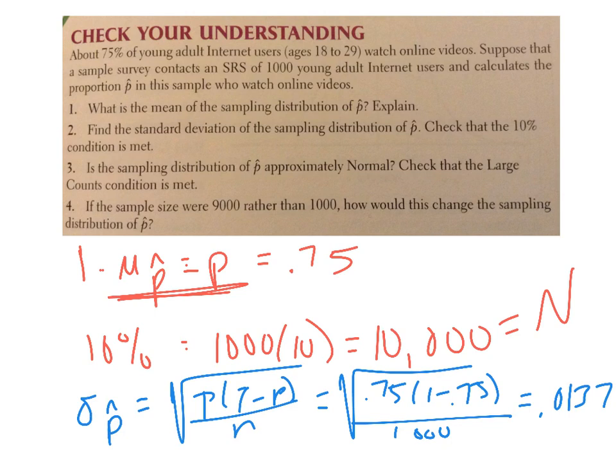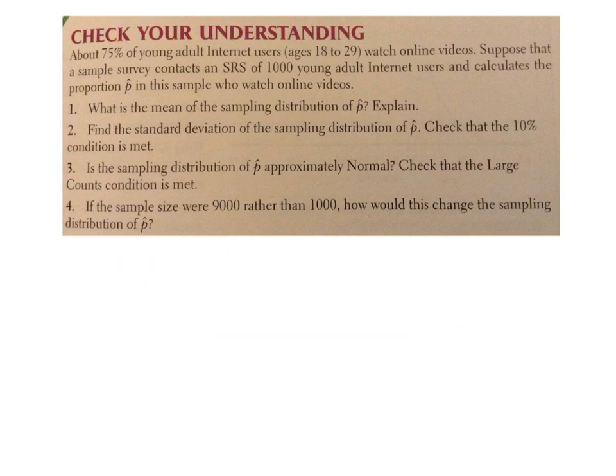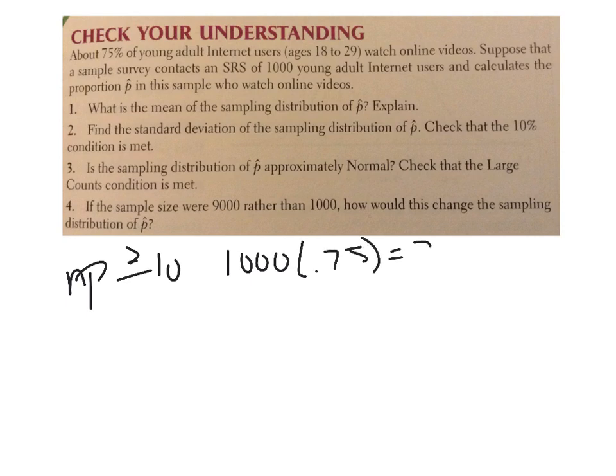So for number three, it asks if the sampling distribution of p hat is approximately normal, and to check that large count conditions are met. So let's go ahead and check those. I need to make sure that n times p is greater than or equal to 10, right? So n times p is my sample size, 1,000, times my proportion, 0.75, which is 750, greater than 10.